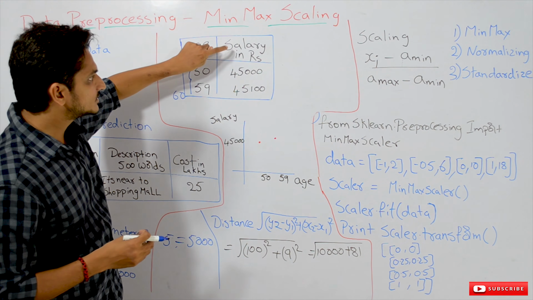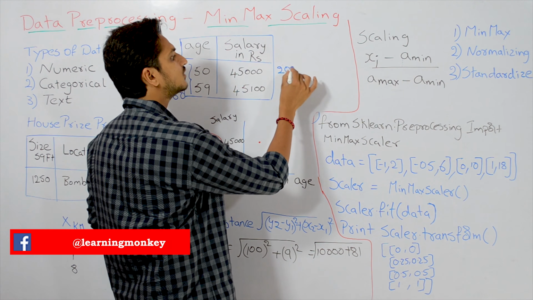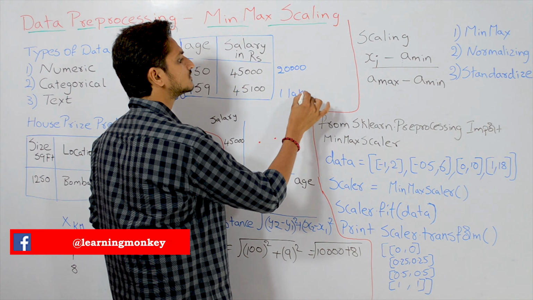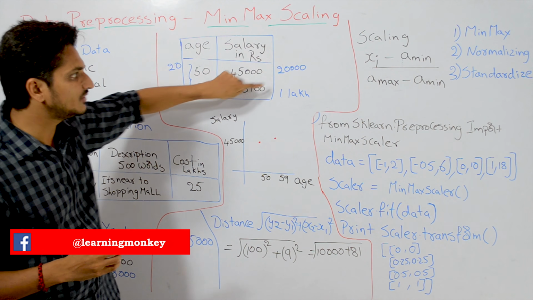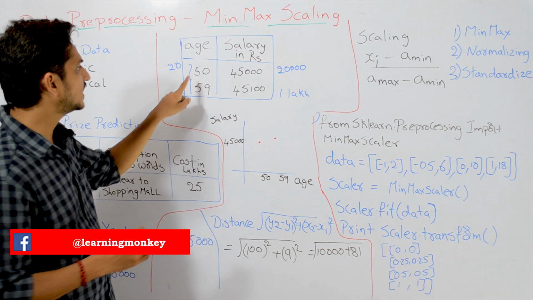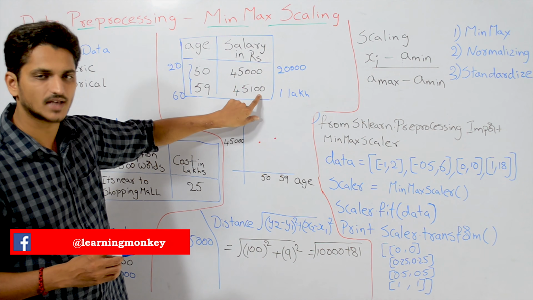Now consider the salary. Salary of the employees will be between 20,000 and 1 lakh. The scale of these values will be between 20,000 and 1 lakh. Let's take two data points, 50, 45,000 salary, 59, 45,100 salary.